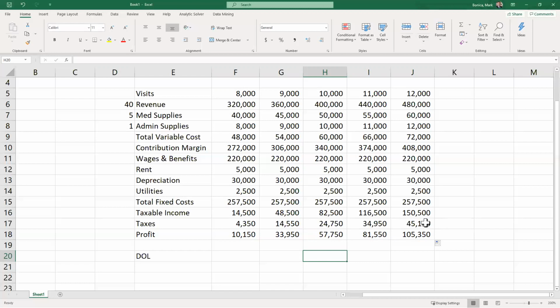So it's really asking about changes in volume. It's really getting at the operating portion of the income statement. If you remember back from chapter 3, the first two sections of the income statement, the operating revenues and the operating expenses, are really what we're getting at. And we're comparing essentially how much our operating income changes as a result of a change in volume.